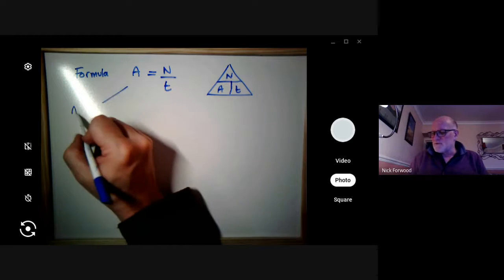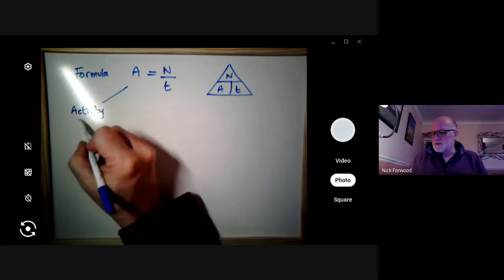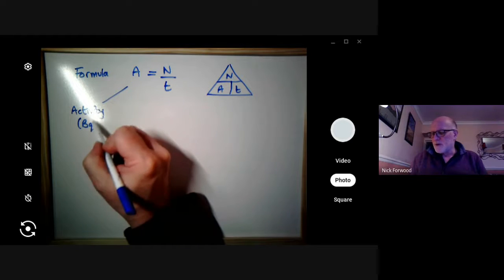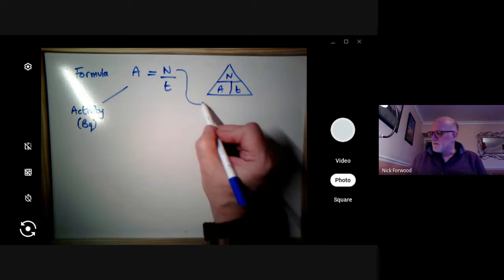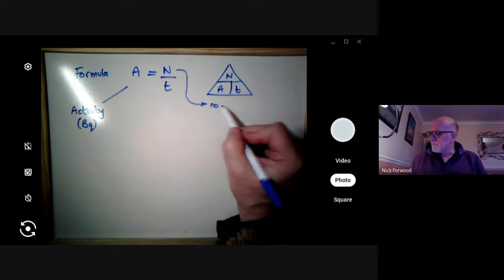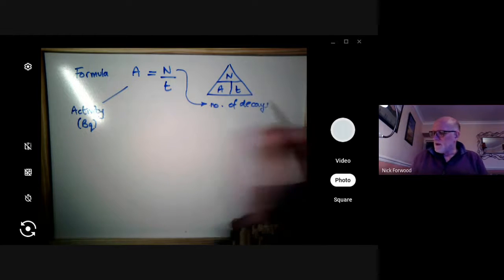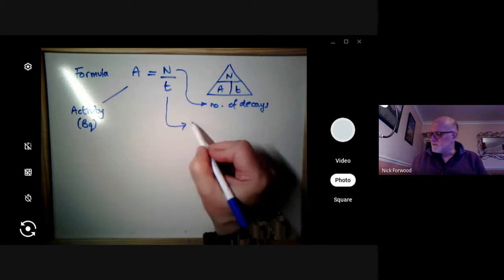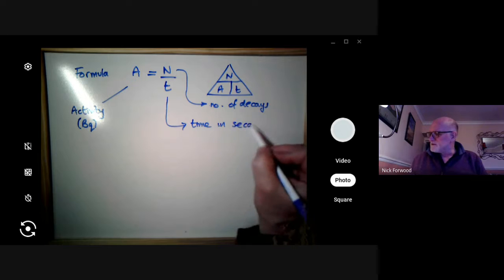A stands for activity, and that's measured in becquerels. N will stand for the number of decays, and T stands for time in seconds.